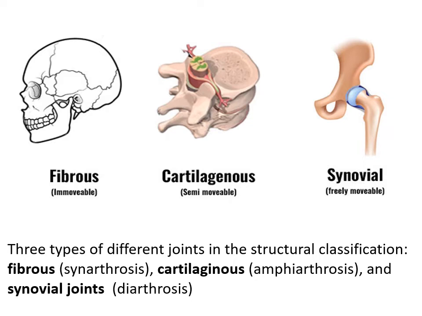And finally, synovial joints. That's typically what we think of as the elbow joint, the shoulder, the hip, the knee, the ankle.